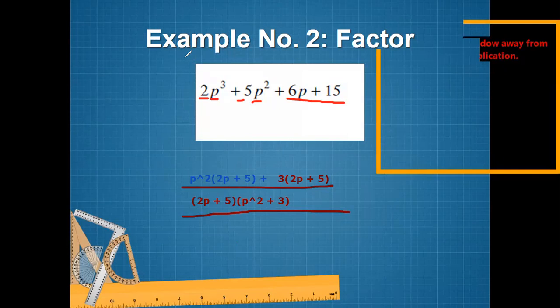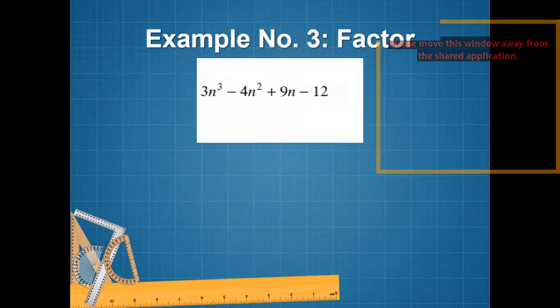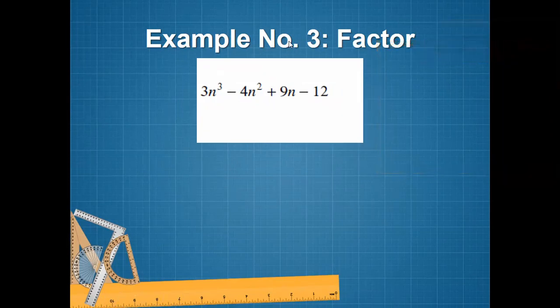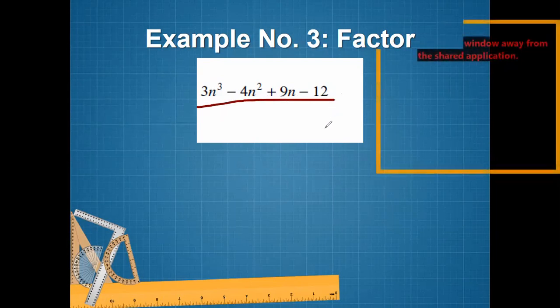Okay, so let's proceed with another problem. We're asked to factor 3n cubed minus 4n squared plus 9n minus 12.